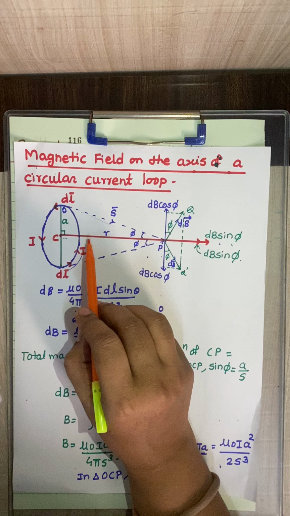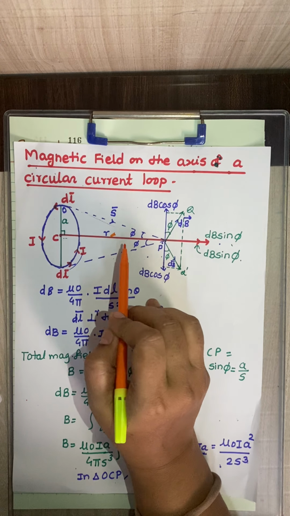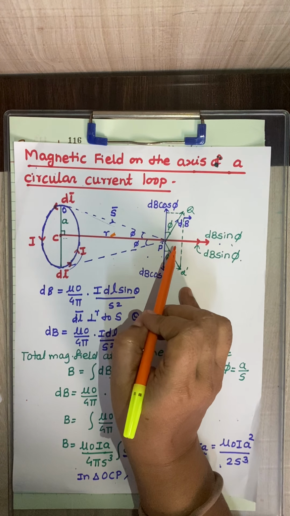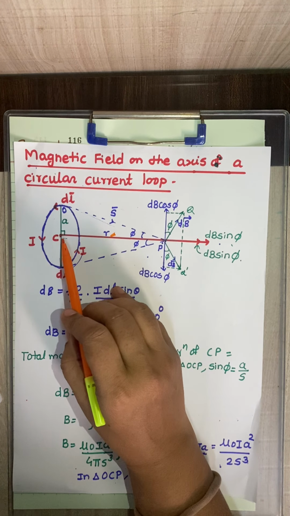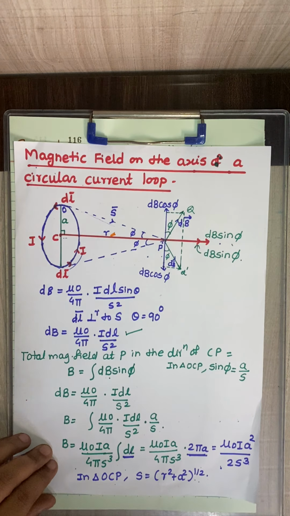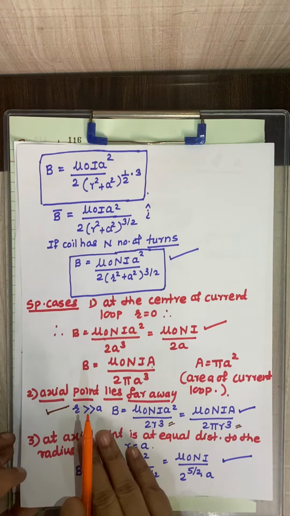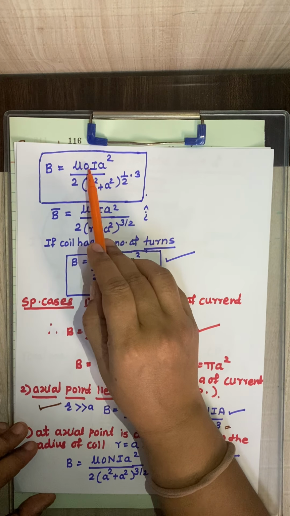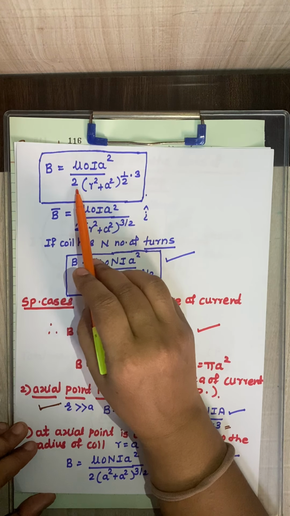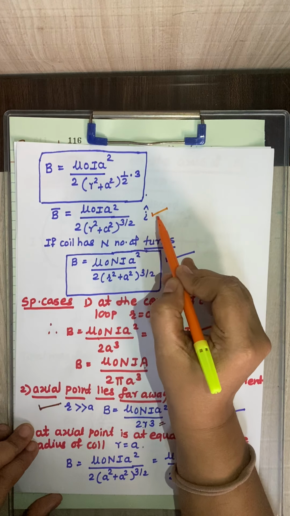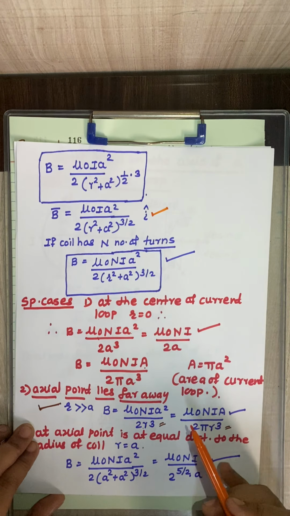At a large distance r from the center, along the axis of the circular coil, we got the basic expression B is equal to mu naught I a square upon 2 (r square plus a square) raised to 3 by 2, in the I cap direction.